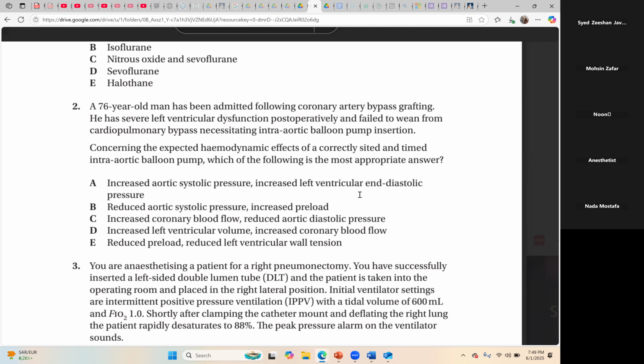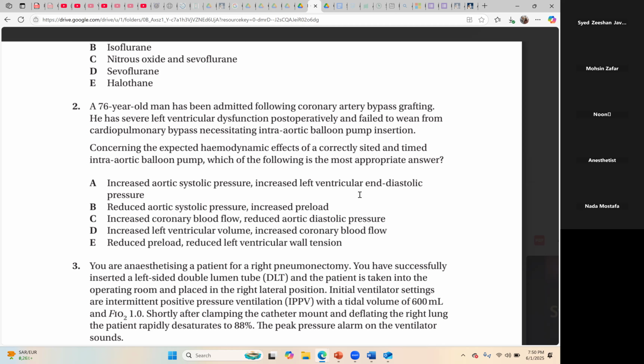The basic mechanism is that this is a counter-pulsating intra-aortic balloon, okay, and when it inflates during diastole, it increases the left ventricular diastolic pressure and increases the coronary perfusion.